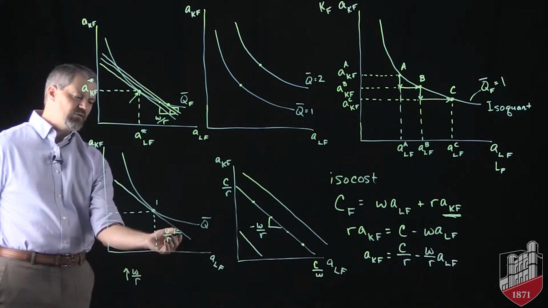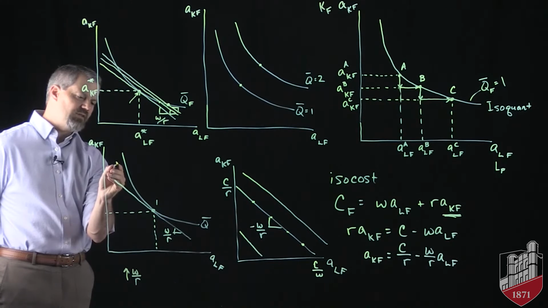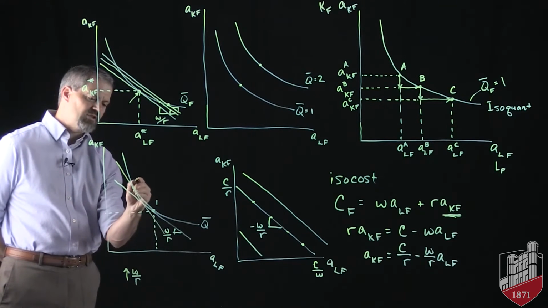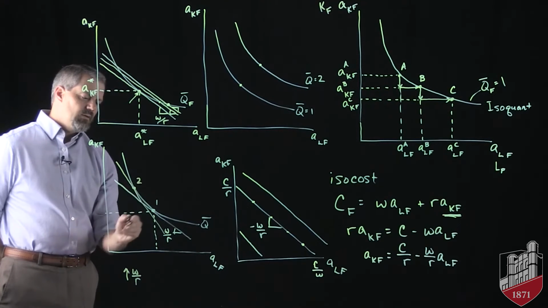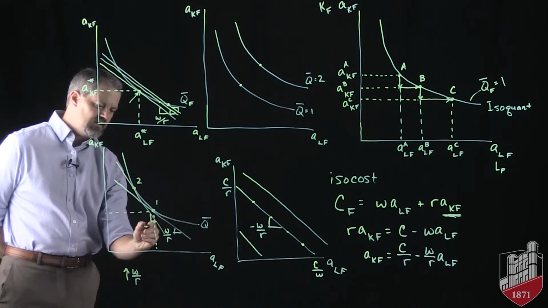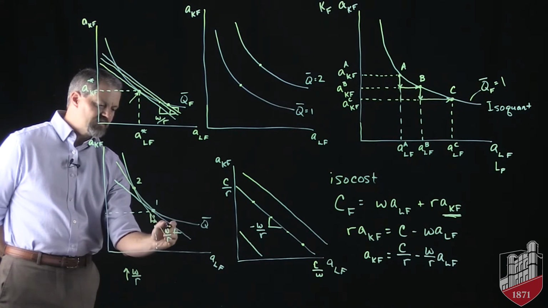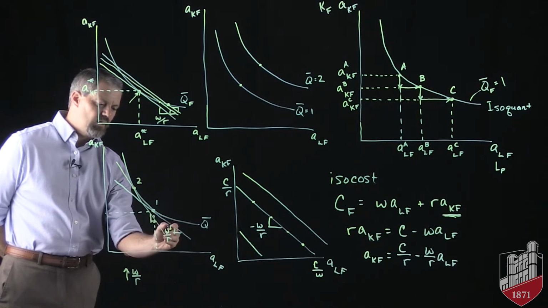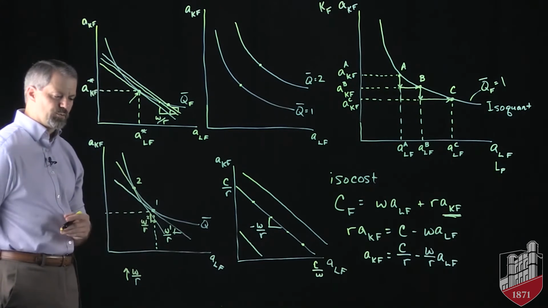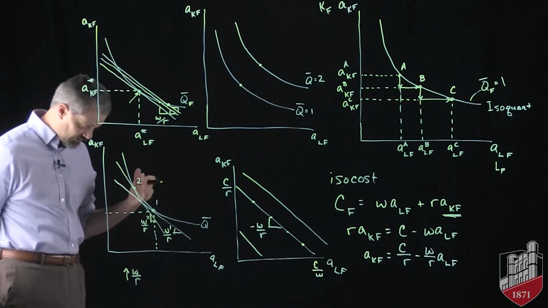And so if the isocost line gets steeper, our point of tangency is going to happen someplace over here, like point 2, where the slope of this, it's getting a little bit complicated here, the slope of this, let's call that the relative wage 1, and this will be relative wage 2. Don't look at that as squared. It's just a superscript that indicates it's the second relative wage.